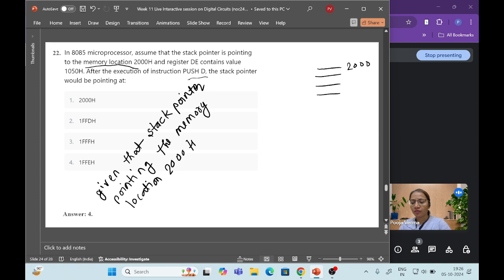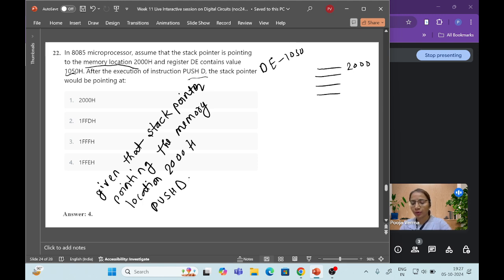After the execution of PUSH D, a new element is inserted at the top of the stack. The DE register is containing 1050H, already written here.